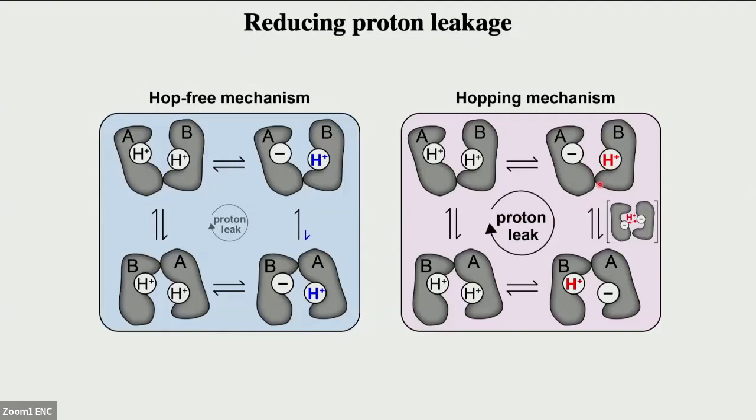Yeah. So I think what you're saying is the alternating rate of access is quite slow relative to the overall proton leakage. So that can certainly be another way to prevent the overall leakage of the proton across the membrane. If you think about this statistically, the proton coming off of this side might be quite slow relative to this.